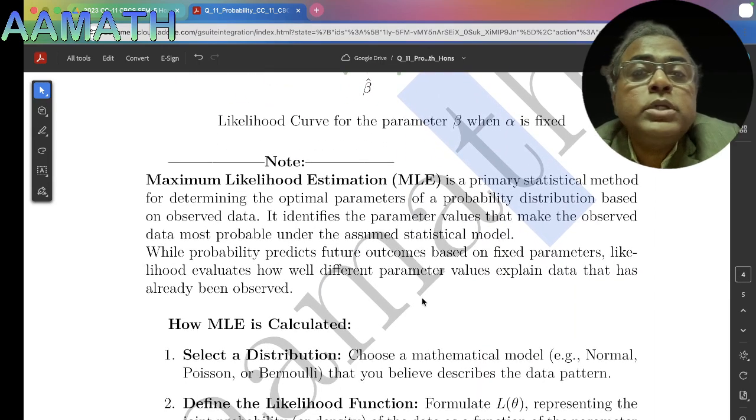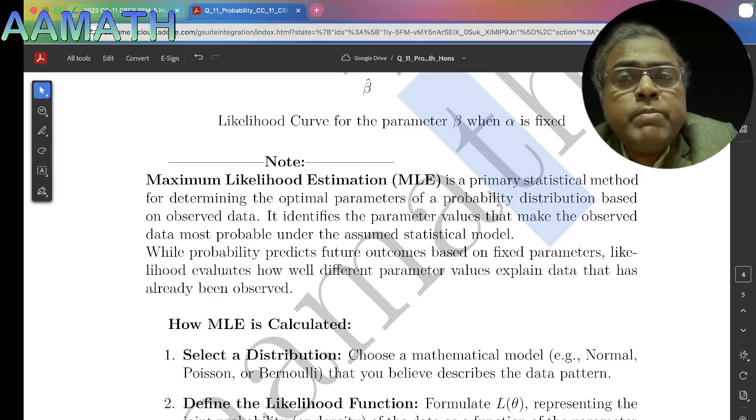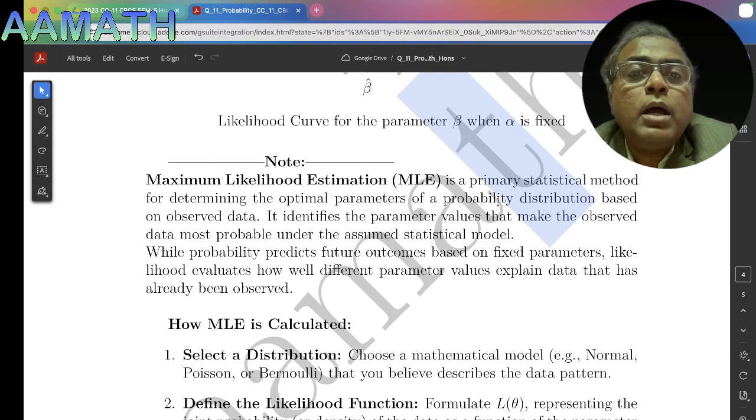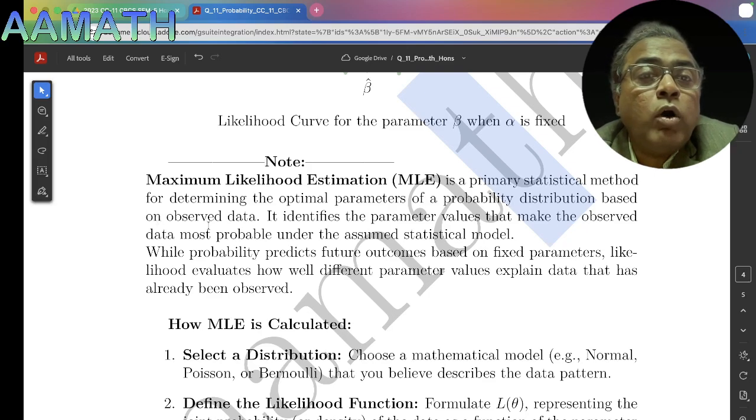Now here we discuss what maximum likelihood estimation, MLE, is. It is a primary statistical method for determining the optimal, meaning maximal or minimal, parameters of a probability distribution based on observed data.